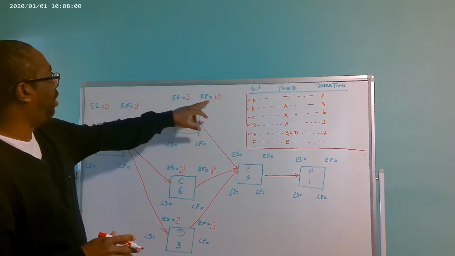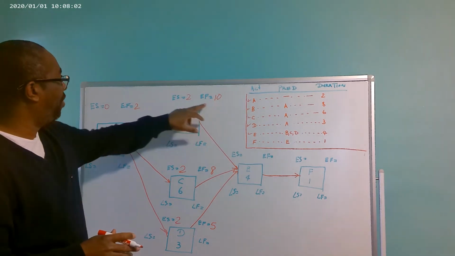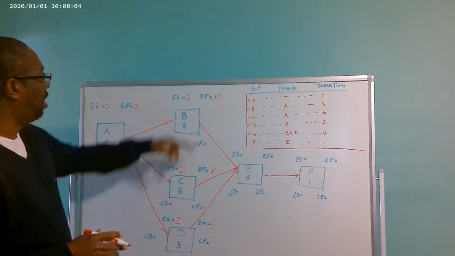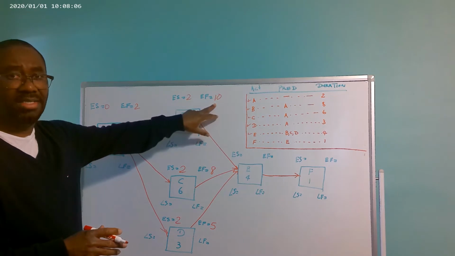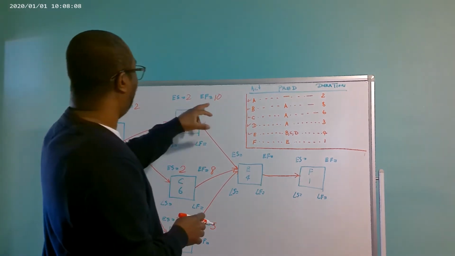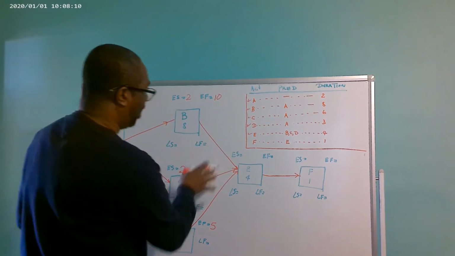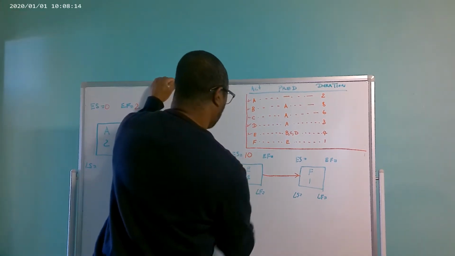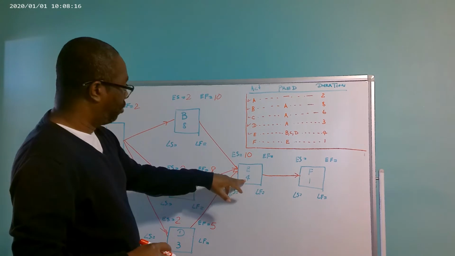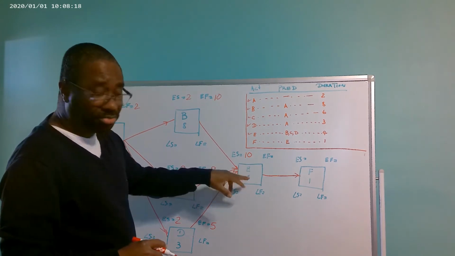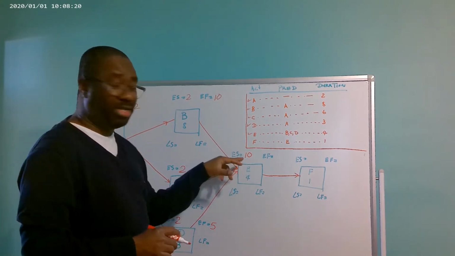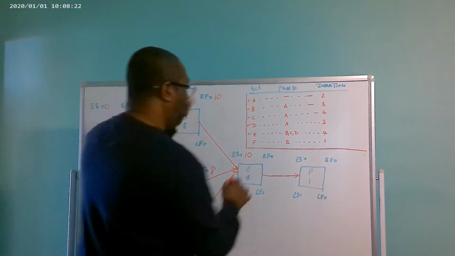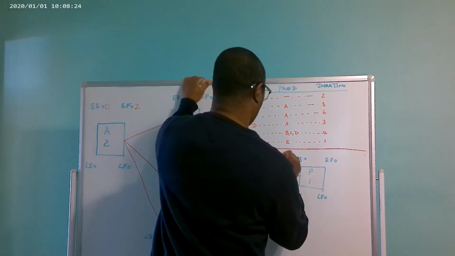So we're going to go with 10, because of these three activities, 10 is the highest. So the early start for activity E is going to be 10.